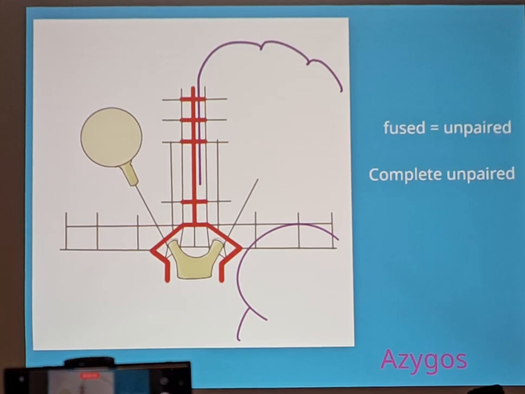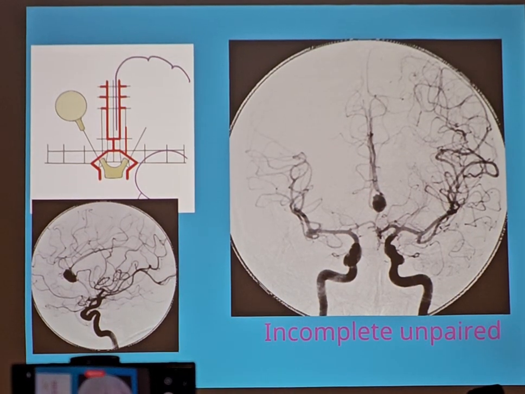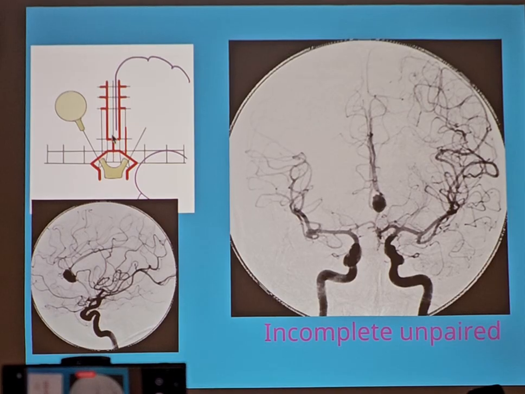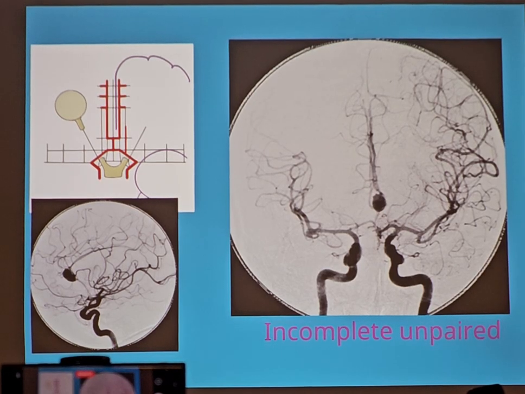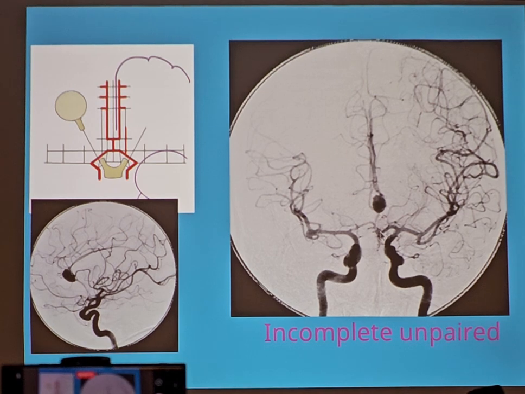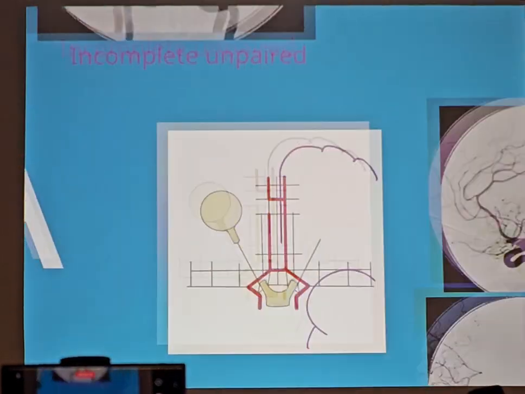I've never seen a completely fused anterior cerebral artery. It's usually only a part of it that's fused. So something like this is an incomplete, unpaired, or partially fused anterior cerebral artery, and I think everybody's seen examples of this. Because it's not a fully developed system, it's often associated with aneurysms, and you can see an aneurysm here, right at the level where the fusion stops.